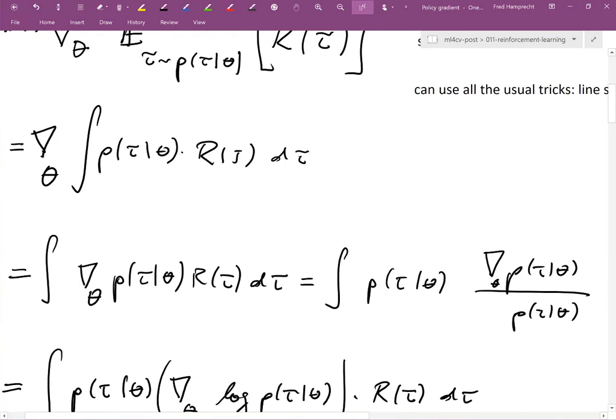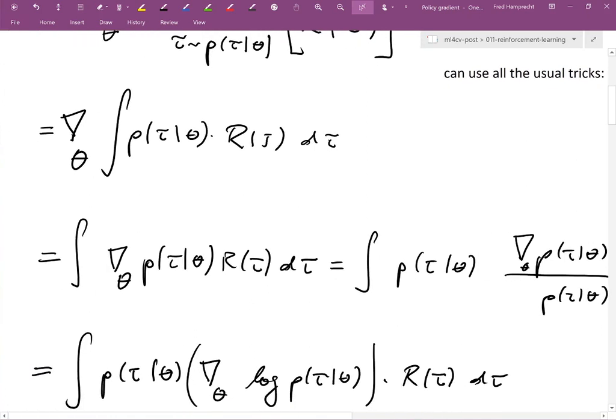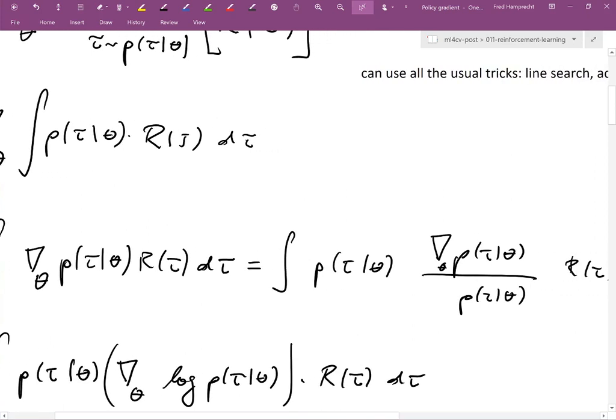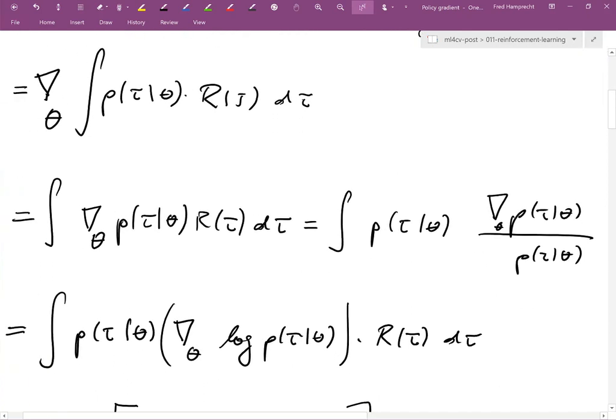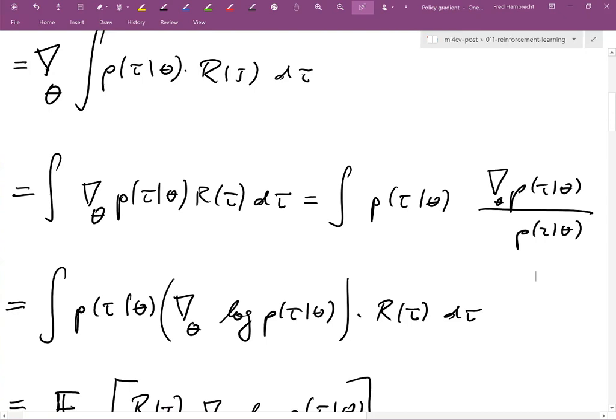We will multiply and divide by this probability, and then rewrite this as the gradient of a log. And so the gradient of a log will give us the gradient of the probability divided by the probability, which is what we have on the right hand side.